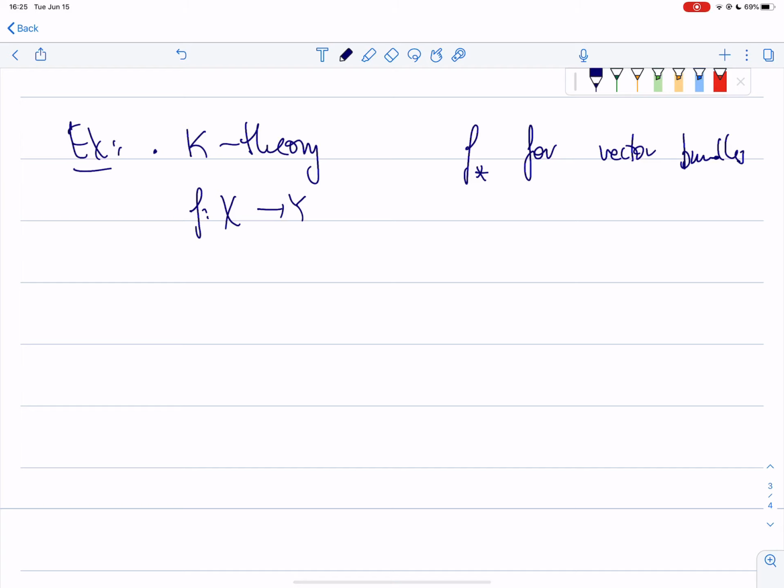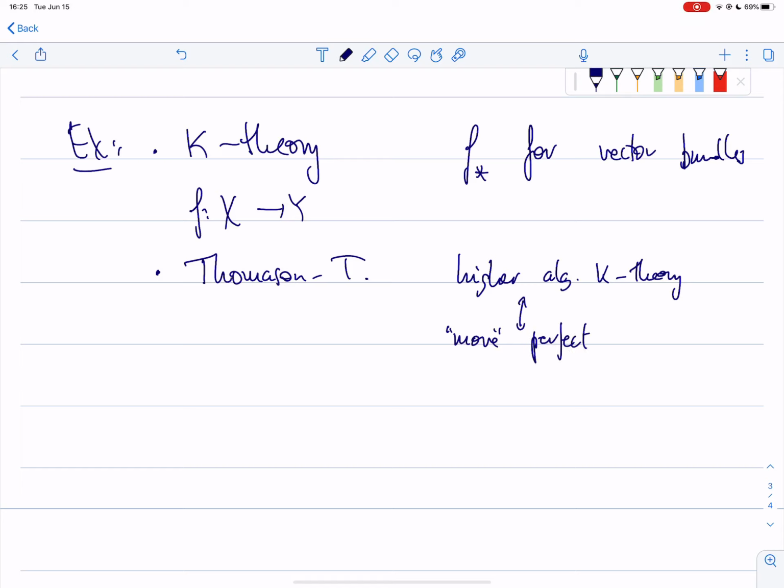And just to highlight another important point of the theory of K-theories, was the Thomason-Trobaugh paper in the 90s, where he developed the higher algebraic K-theory of schemes in algebraic geometry, and this goes hand in hand with the development of, let me say, more perfect complexes, more information, more theory of perfect complexes.